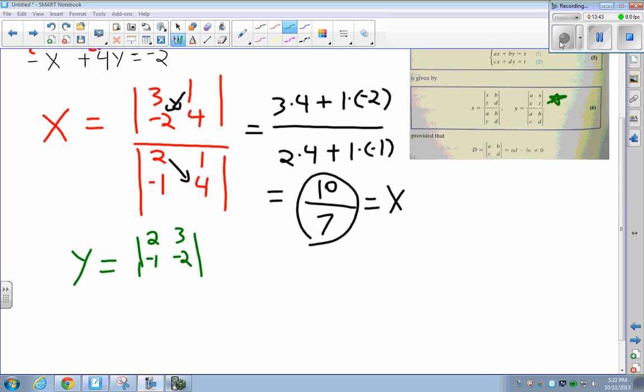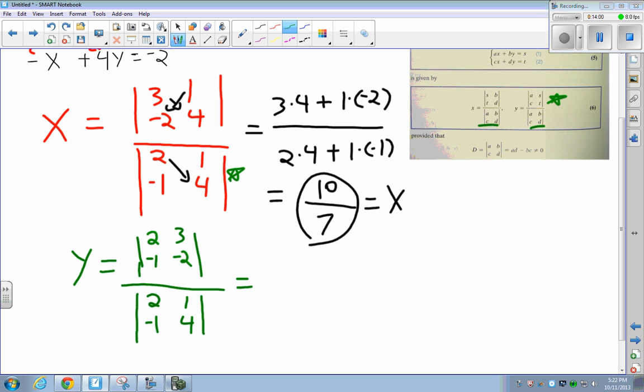All right, so now all we have to do is divide it by this matrix right here, because it's the same for both of these. Or I'm sorry, the determinant right there.